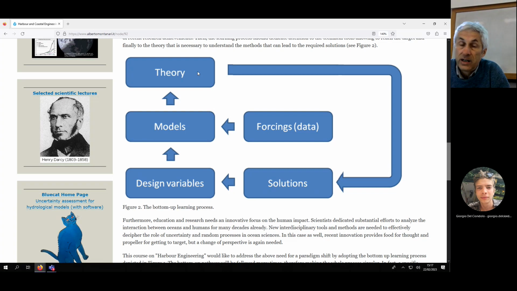And then after the theory, we went to models because the theory allows us to build models. And then by using some data, we used the models to simulate scenarios in order to estimate design events, design variables. And then from the design variables, we came to the solutions.